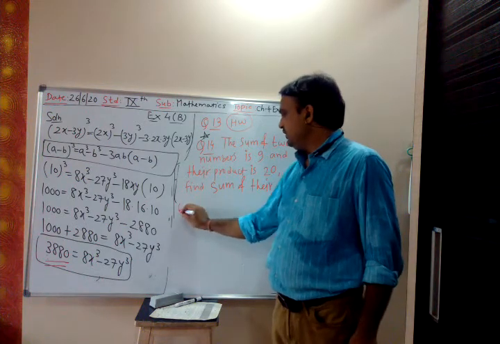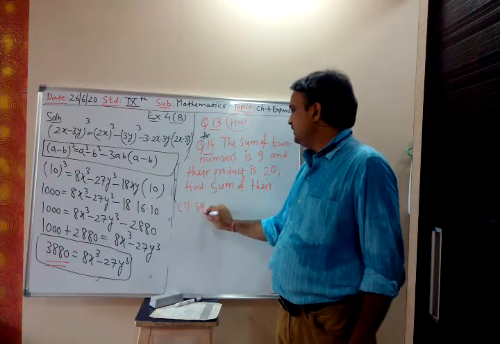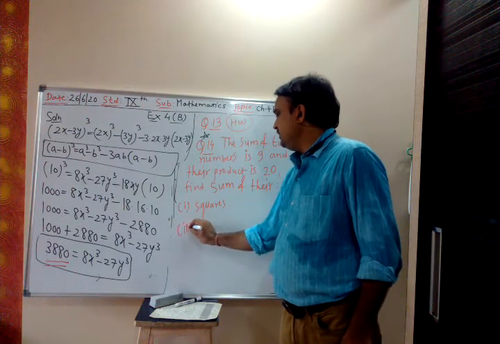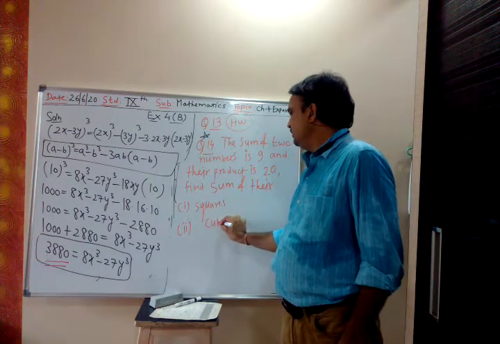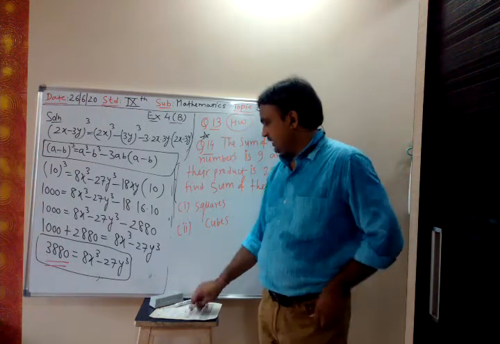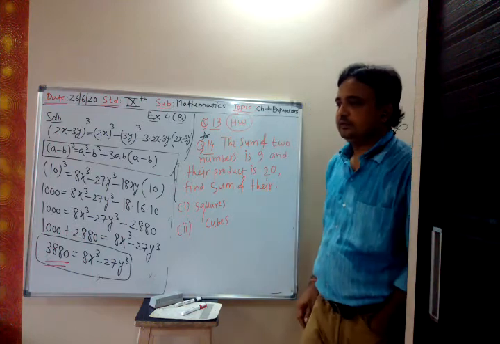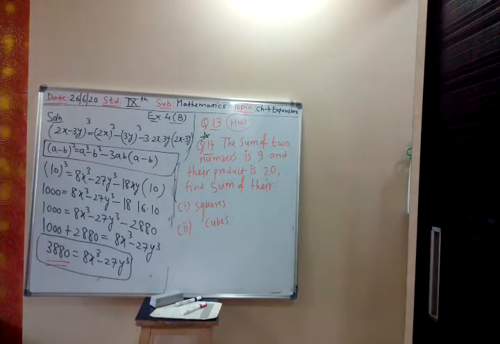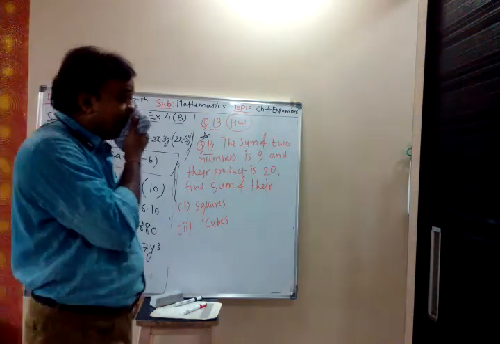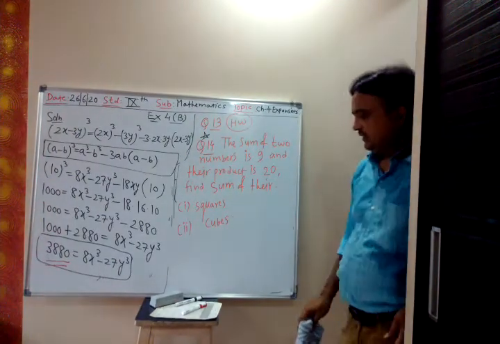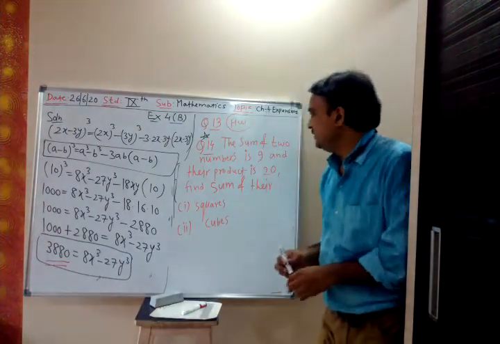Second, find the sum of their cubes. Find the sum of their squares and find the sum of their cubes. The sum of two numbers is 9 and the product is 20.